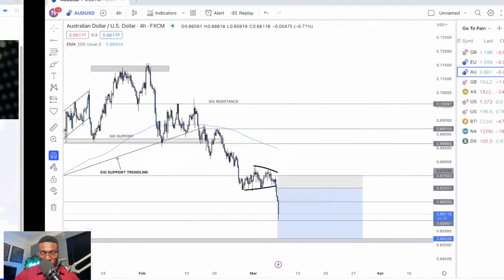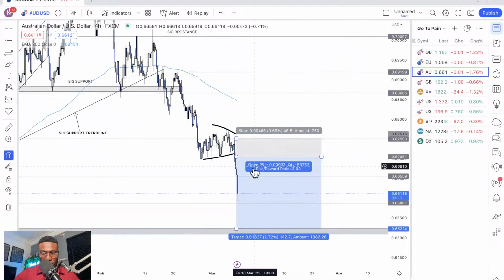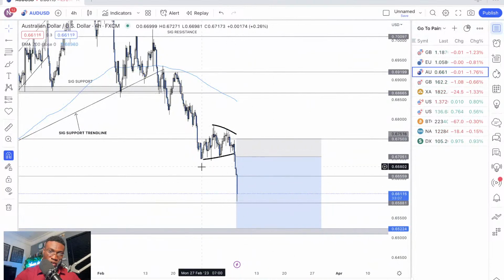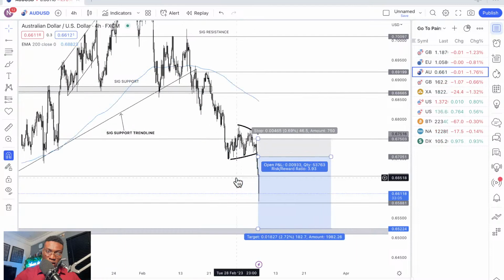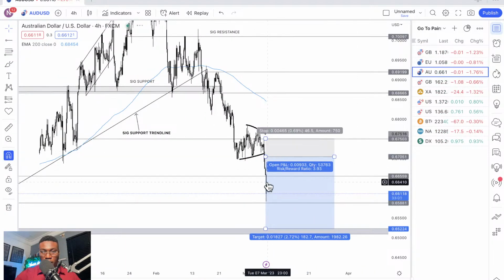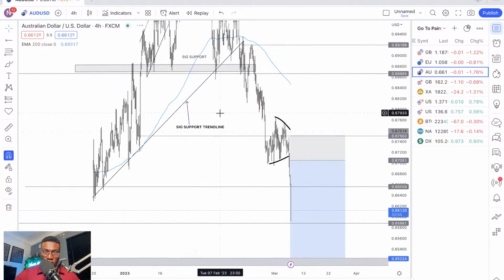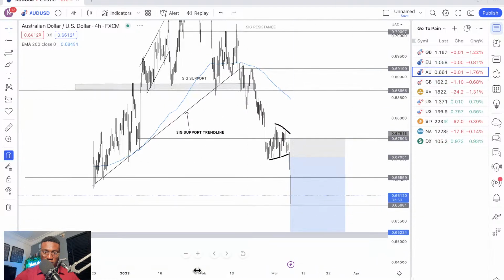We've also seen how the market has reacted to the just concluded speech by Jerome Powell, and we've seen that the market has successfully broken below the minor key levels. Let me just go to the right hand side so you guys can see this clearly.